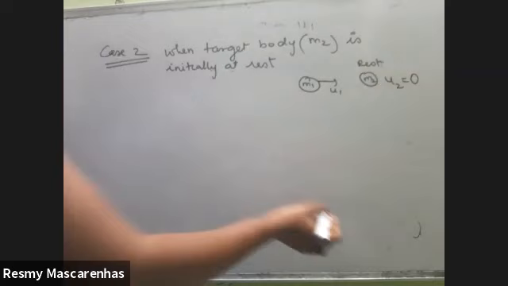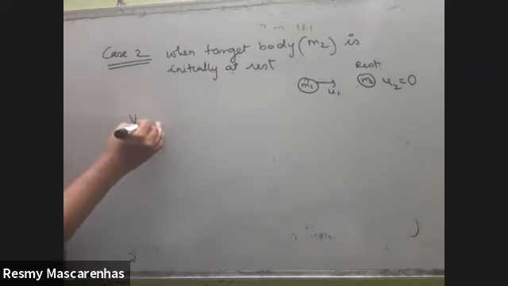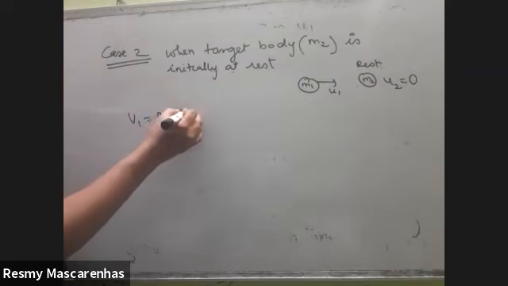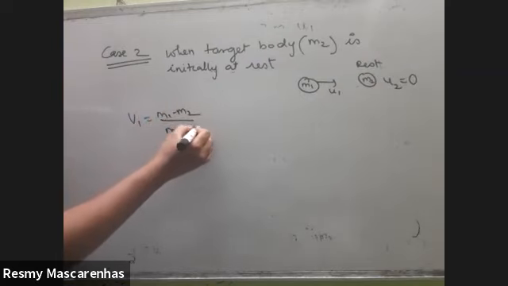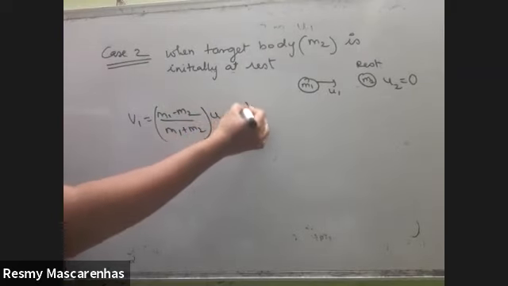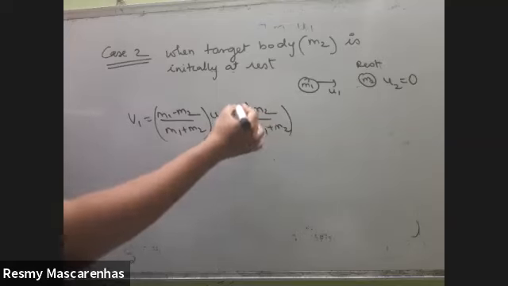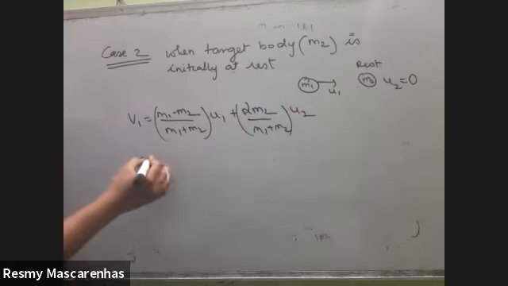So obviously U2 will be 0 if it is at rest. So use the formula and calculate. What is the formula for V1? M1 minus M2 upon M1 plus M2 times U1, plus 2 times M2 upon M1 plus M2 times U2, and we will calculate what is V1.